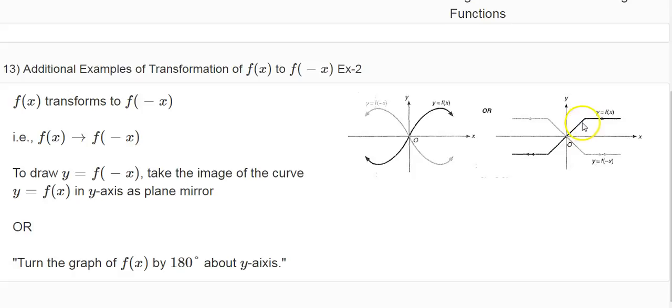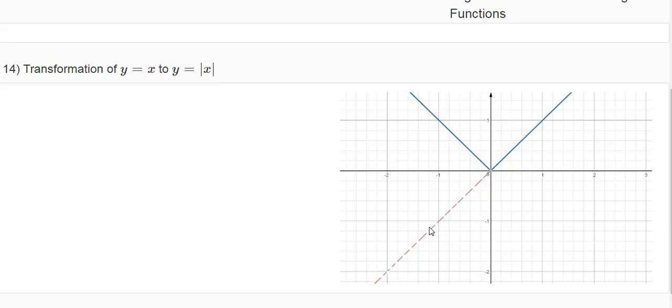Then the mirror image of this line is this, the mirror image of this line is this, and for the lower portion when x is negative, it gets transformed here. So with the help of these two examples, I hope that you have clearly understood these two transformations.